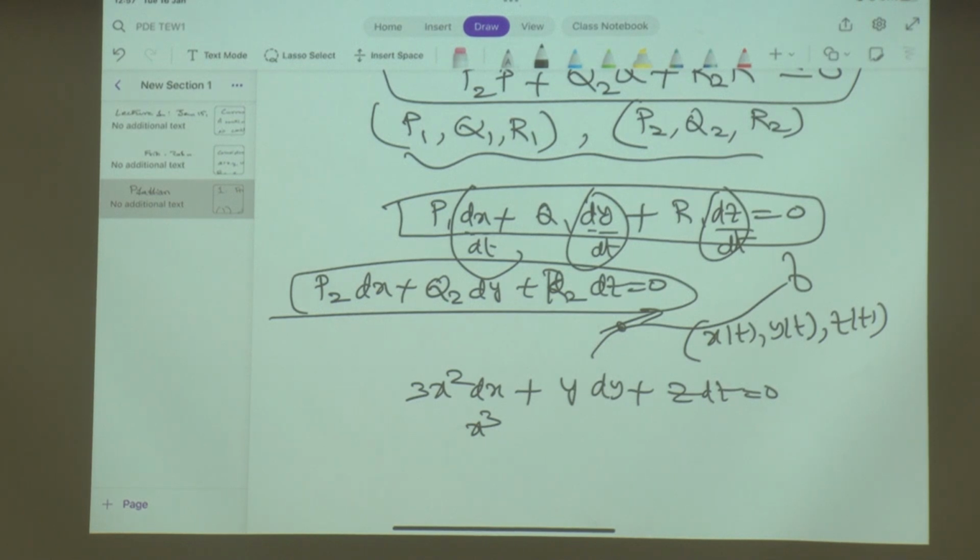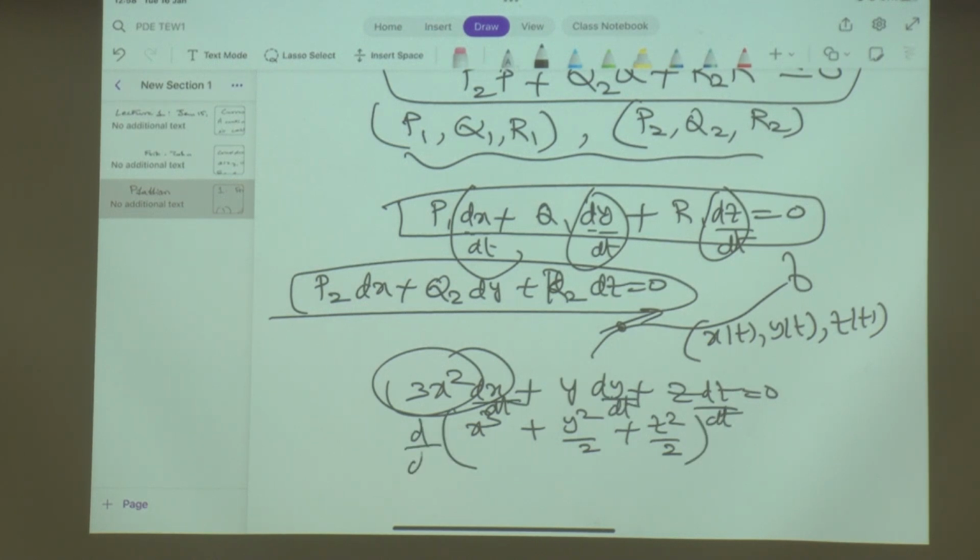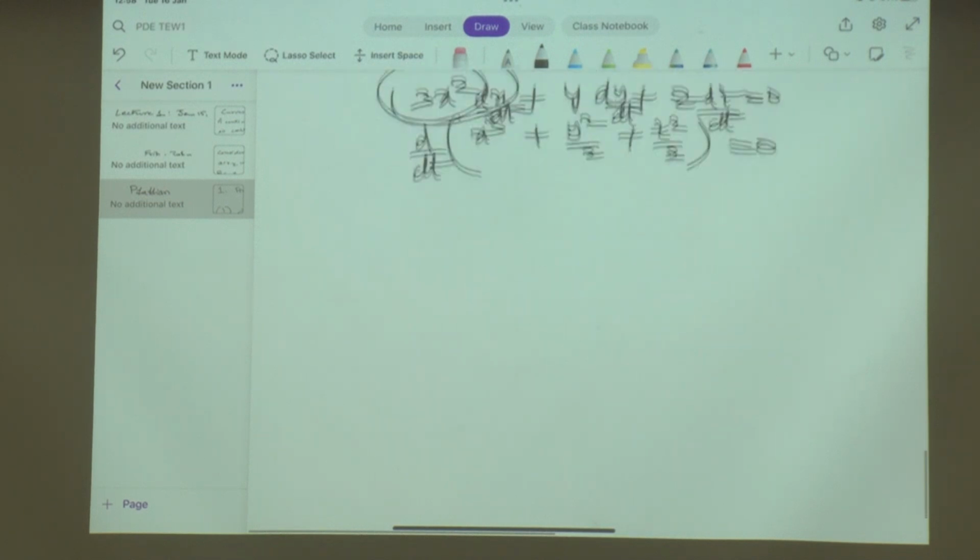And this is y, so y square by 2, z square by 2. Right? So I can easily integrate this from the exact equation that we have seen in ODEs. This is how it is, right? M dx. If you want, you can always think of a dt here so that you are more comfortable. So now everybody is a function of this t, and d by dt of this will be 0. Right? We have easily integrated this. We will see one example of this.